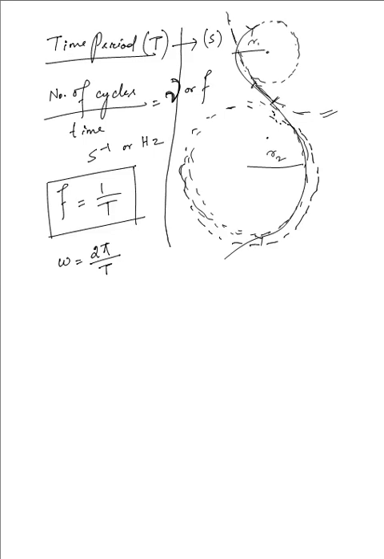So that being the angular displacement in the whole time period, and 1 by time period being frequency, we simply have it to be 2 pi times f. So omega is equal to 2 pi times the frequency. As you can see, it is directly proportional to the frequency, so that is why it's also termed as angular frequency.